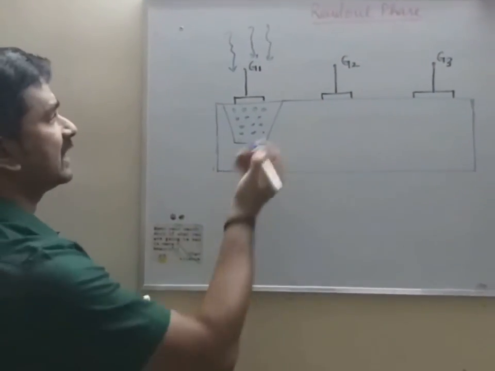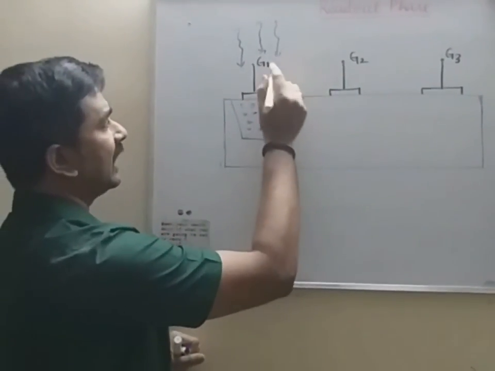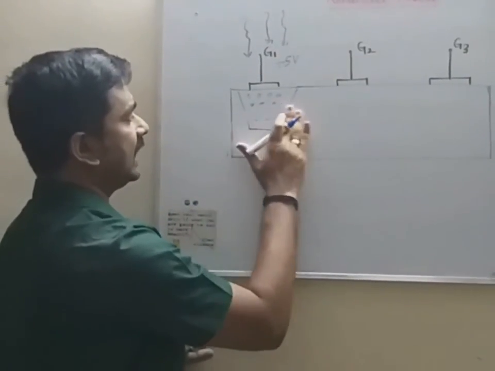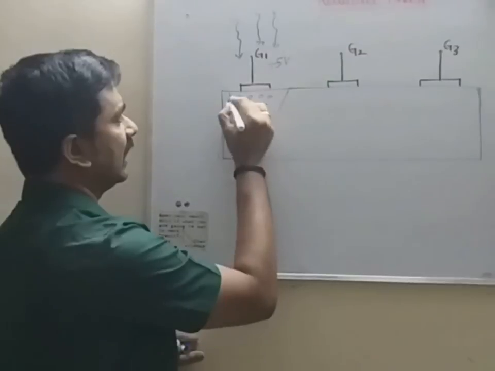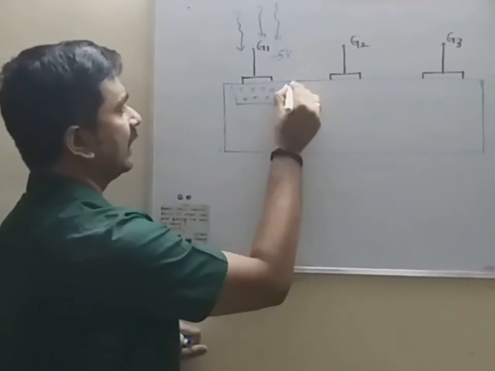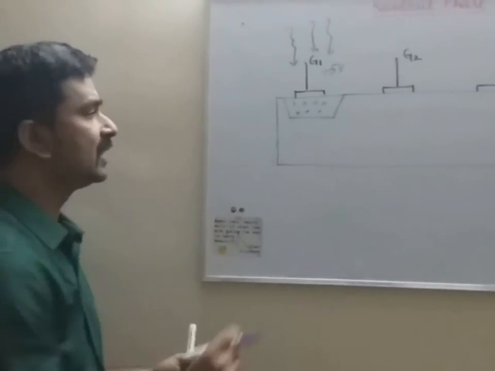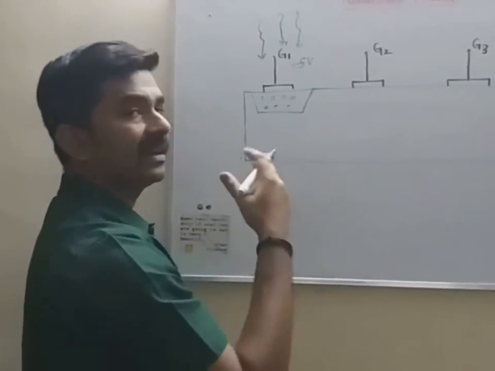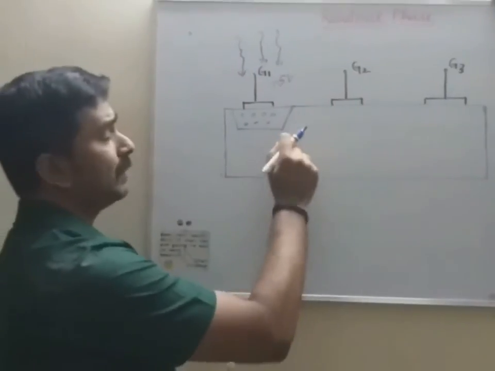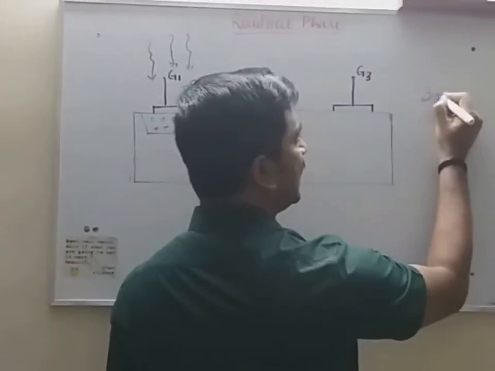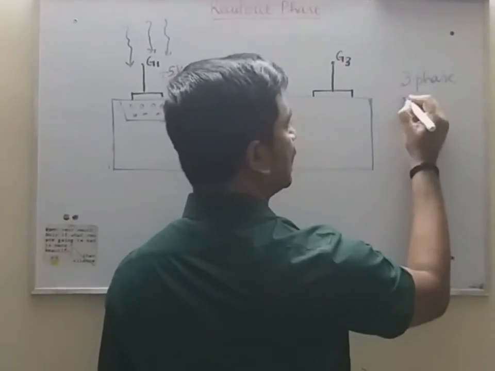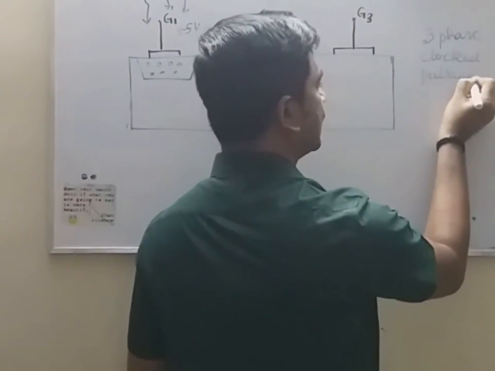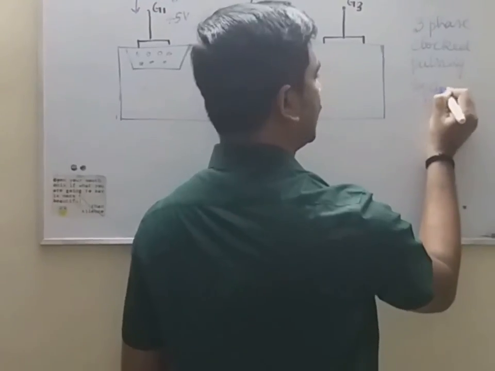Say we assume that the voltage given here is plus 5 volts, and we have a potential well like this. We need to transfer these electrons here. This method is what we call a 3-phase clocked pulsing system.